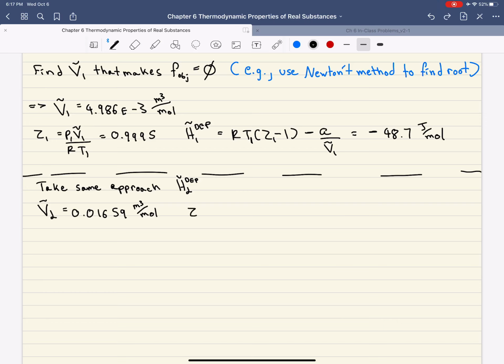Find Z2, 0.998. So you can see we're getting further away from 1. And so that means we're becoming more non-ideal. Okay? And then H2 departure would be negative 20.5 joules per mole.